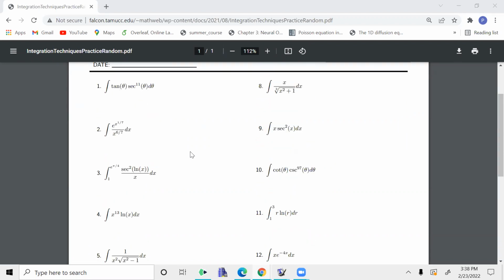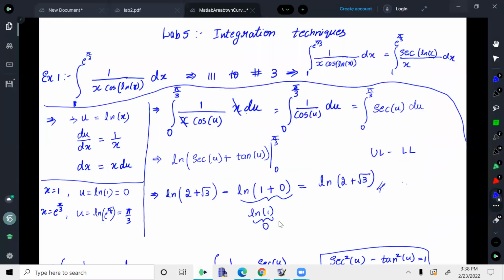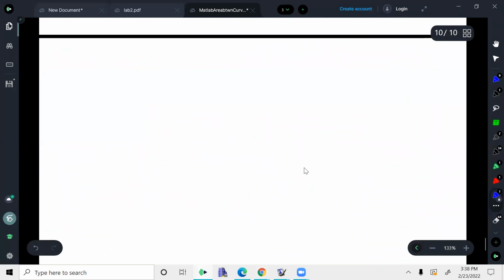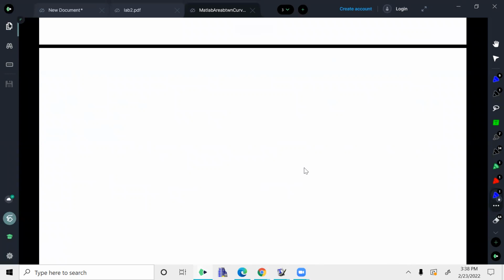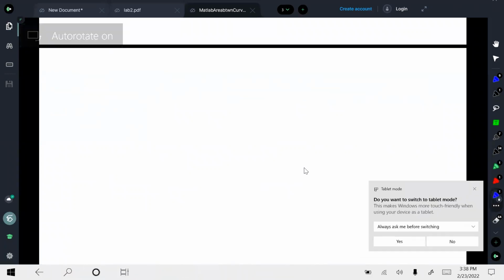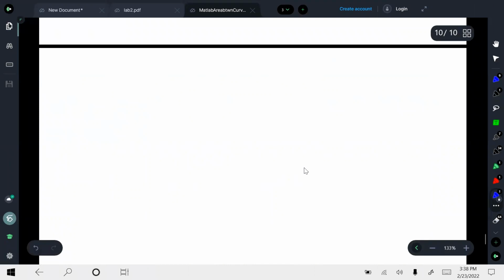We have 14 questions here, and lab 5, integration techniques.